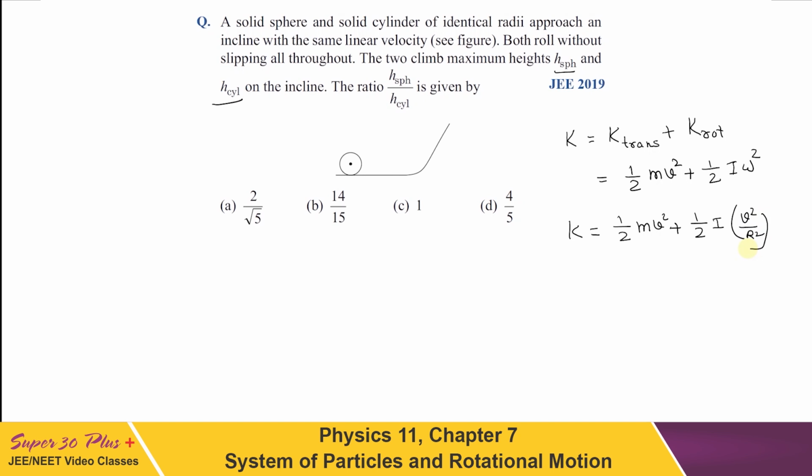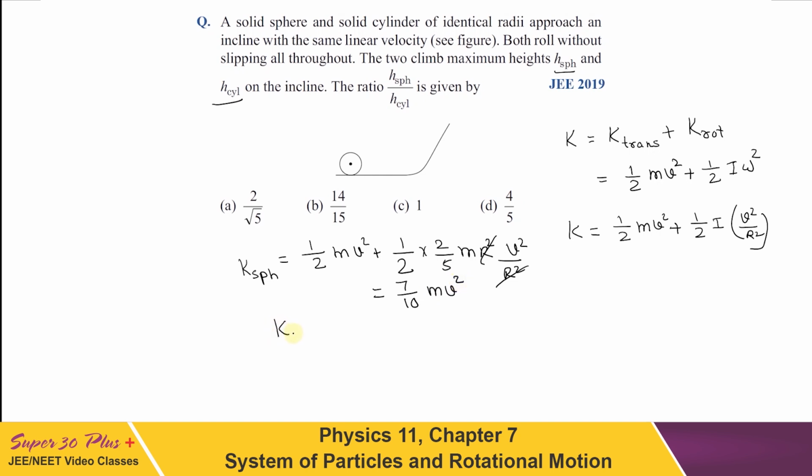And so, we can write kinetic energy for the sphere to be equal to half mv square plus half, now I for the sphere has to be equal to 2 by 5 mr square. So, this is 2 by 5 mr square into v square upon r square. These two got cancelled. The result will be equal to 7 by 10 mv square. Similarly, we can write kinetic energy for the solid cylinder as well.